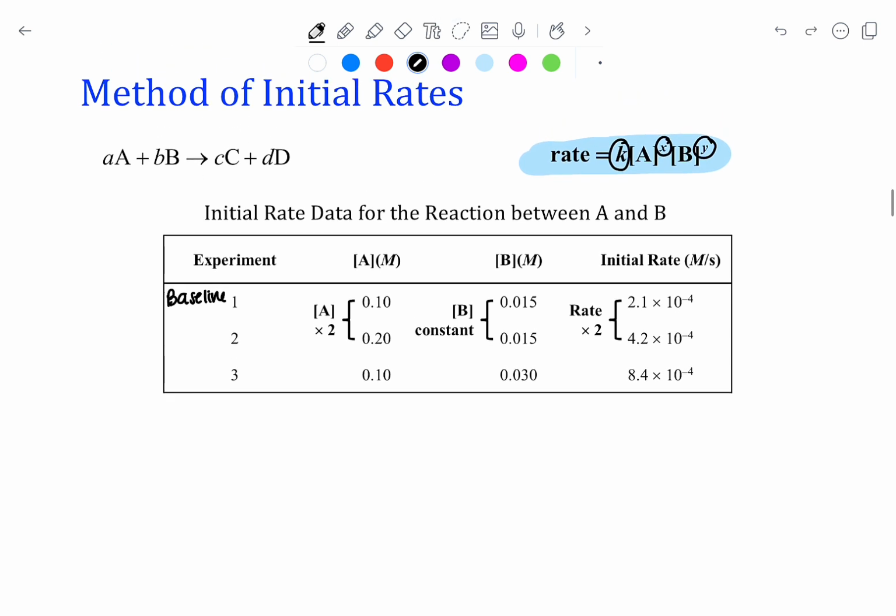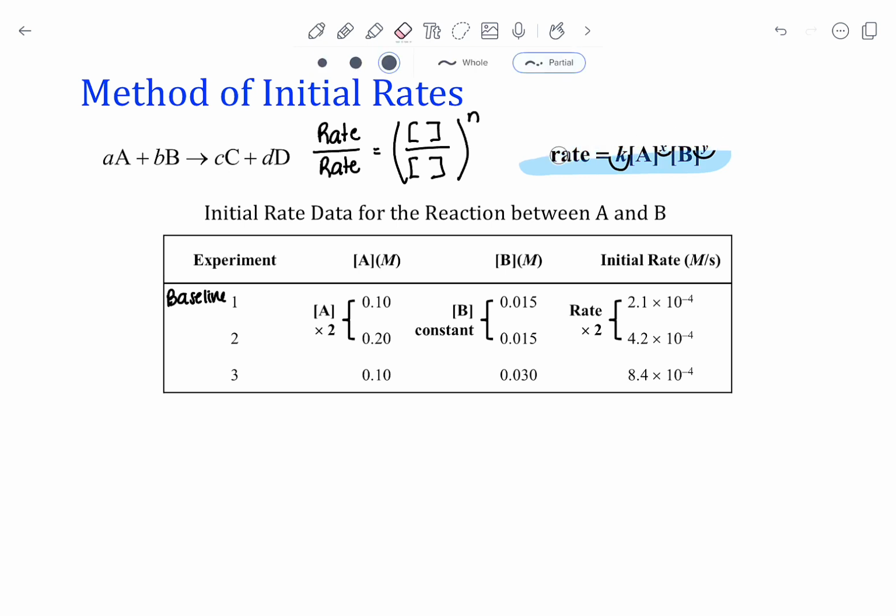An equation that we're going to find useful when we're doing this is rate over rate is equal to concentration over concentration raised to the variable n, where that could be X or Y. When we're looking at this specific rate law, in going from the first to the second experiment, since we're only changing reactant A, the rate is only going to depend on this portion of our rate law.